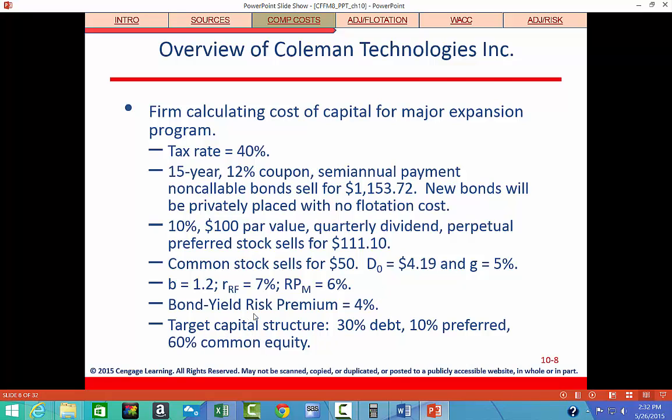There's another method that we have that needs a bond yield risk premium. And then thankfully they gave us the target capital structure, which is 30% debt, 10% preferred, and 60% equity. So you already have like half the equation since you have the three weights in the equation. So it's just a weighted average, just like if you were calculating your grade.